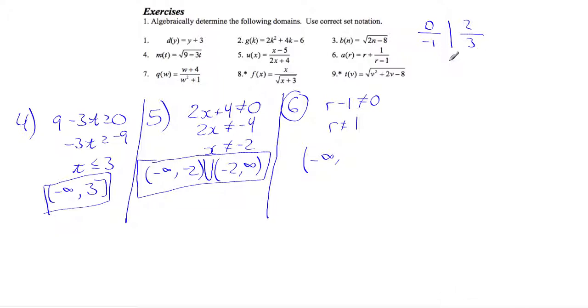Notice there's a substantial gap there, and that's going to impact the range. But for us, for the domain, we only care about what we can plug in. It goes -1 all the way up to 1. Again, this union, 1 to infinity.